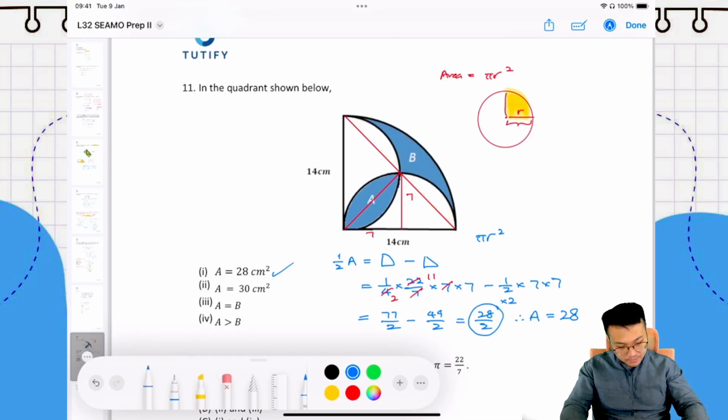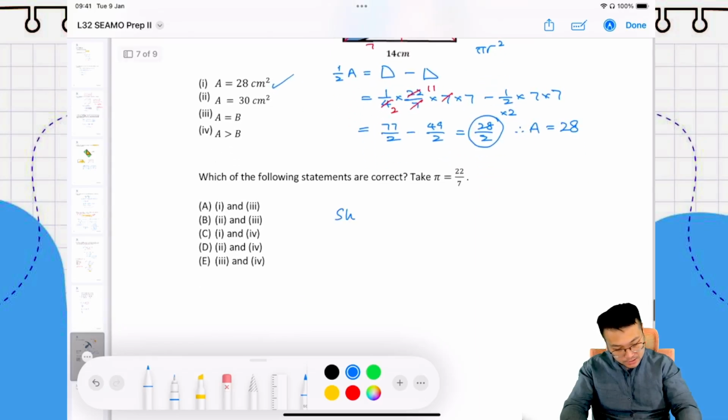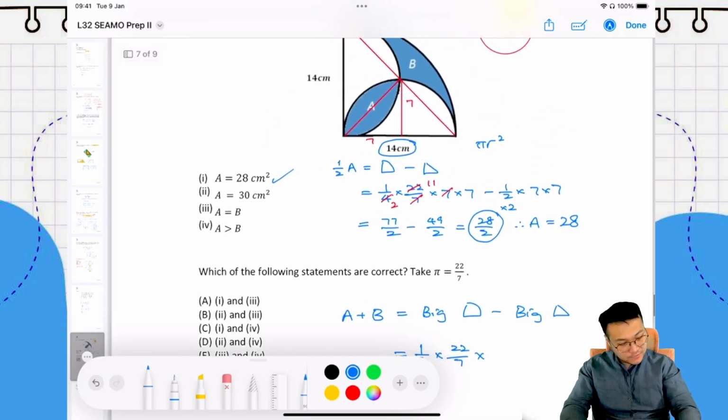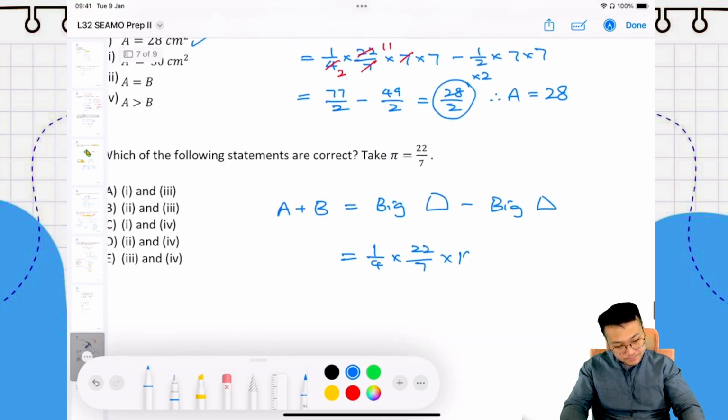So the total shaded region is actually A plus B. You take the big quadrant minus the big triangle. So 1/4 pi. Now the radius is different. The big quadrant has a radius of 14, minus half times base times height. So let's simplify everything.